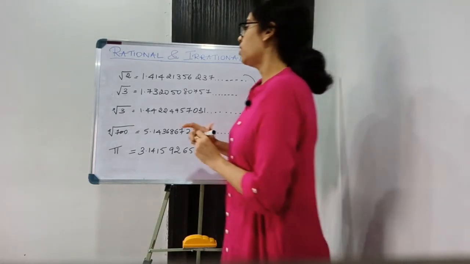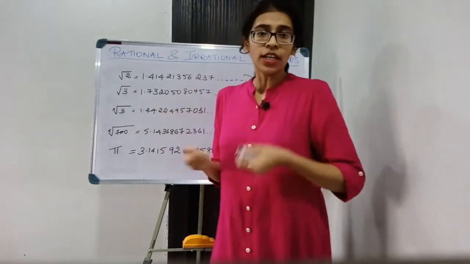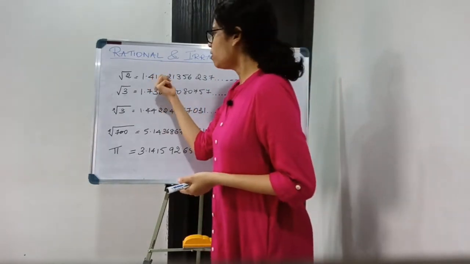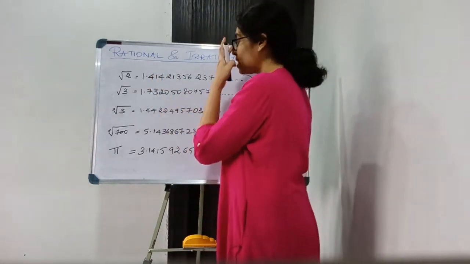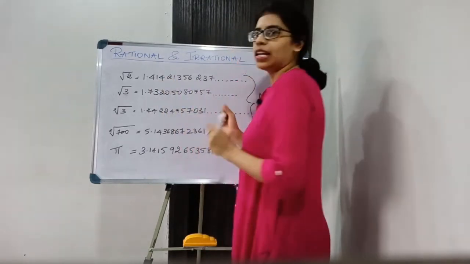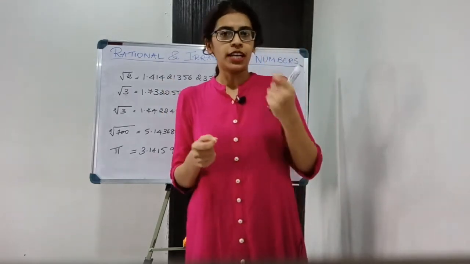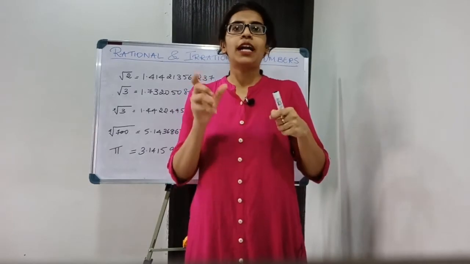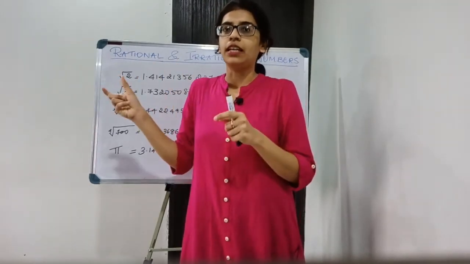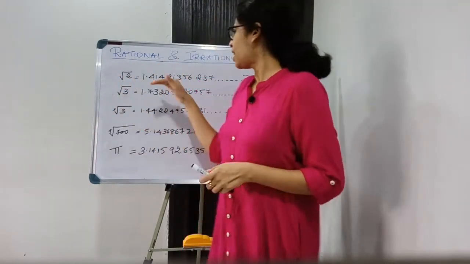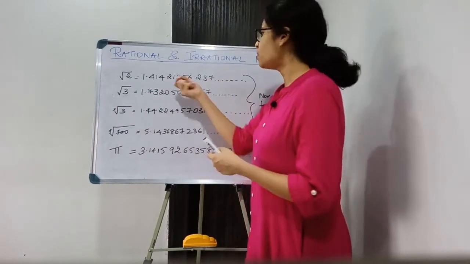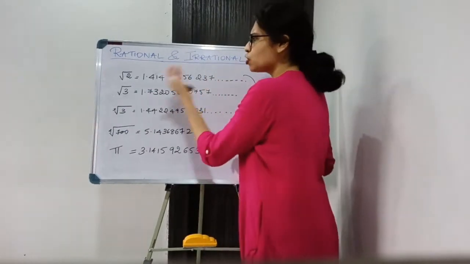Now, are they repeating or recurring? 4 is repeating, but is it following some pattern? Like in repeating numbers or recurring numbers, we had a pattern of the numbers which were repeating in a certain manner. Can you see some manner over here in which they are repeating? 7 suddenly came here.